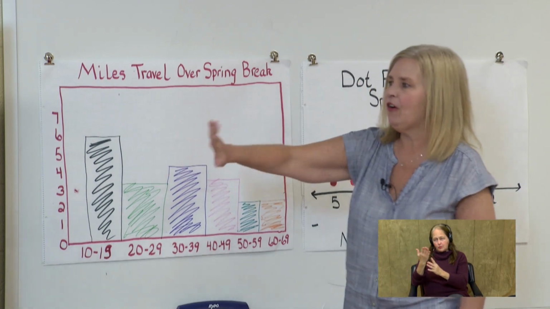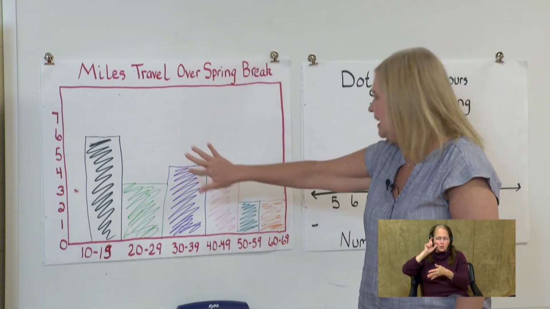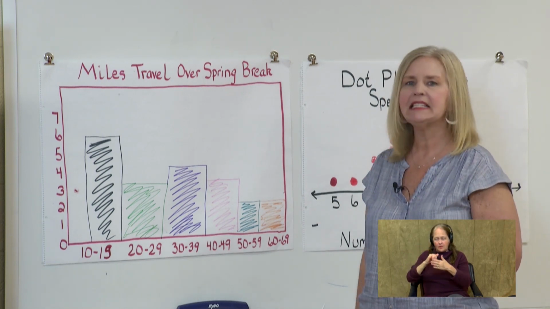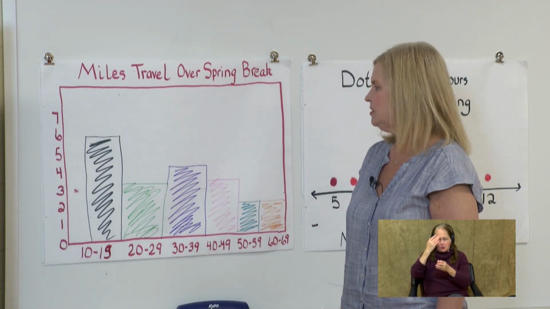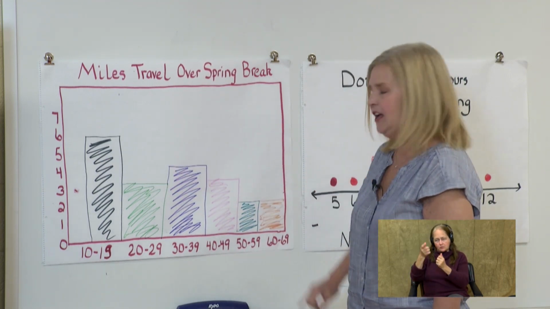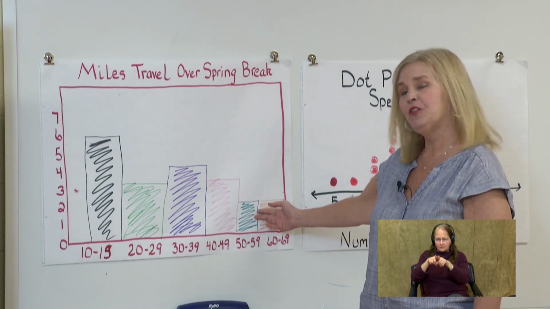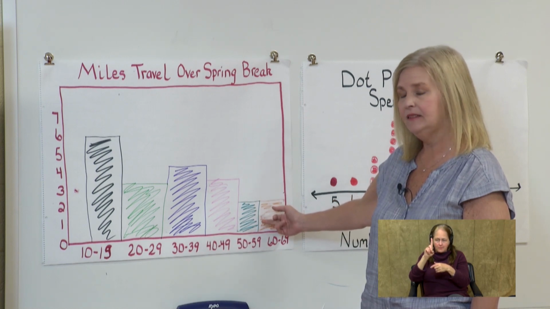What's great about the graph as opposed to the frequency table that we just used to get the data is it's very obvious which one was most. You don't have to look at every single number to know which one is the most, and then to know which one's the least. And we had 2 that were the same. So that would actually, if you were talking about mean, median, mode, that would be the mode of this data.